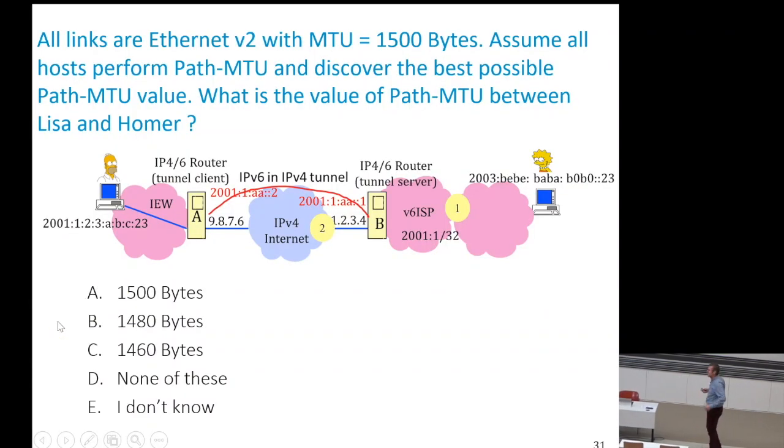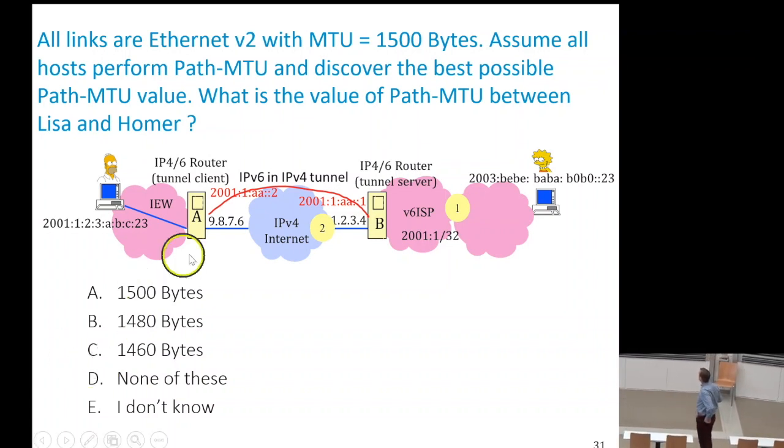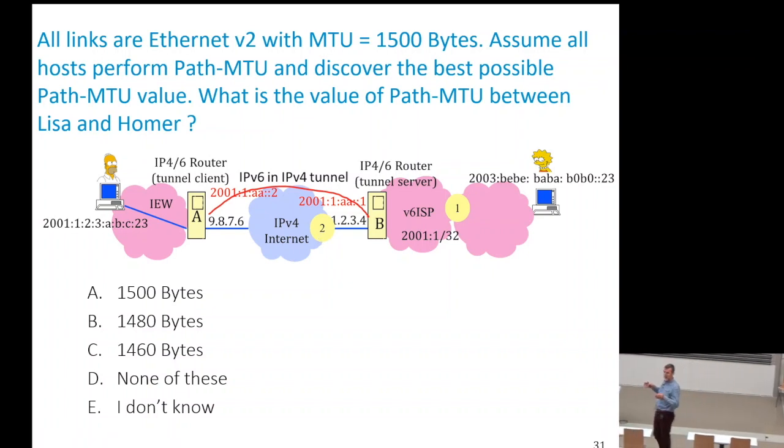So path MTU is the size of the IP packet, including the IP header. Right. That's the definition of the MTU. Now, the MTU here is 1500 everywhere, except for this link here, which is now a virtual link, carrying IPv6 packets inside IPv4 packets.